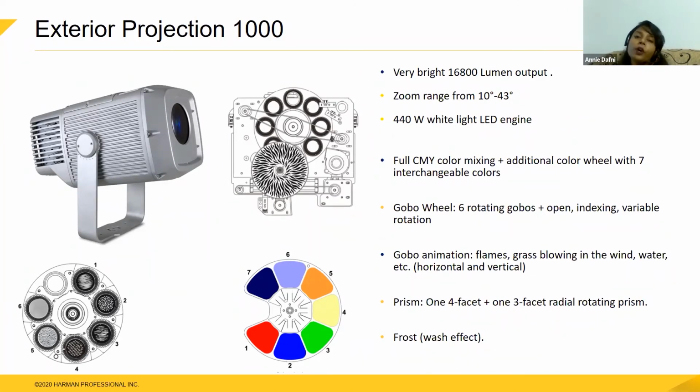So because of this subtractive technique, the intensity of the light that reaches out will be much lesser. To overcome that, we have an additional color wheel which has true blue and true green colors, and also some pastel colors.